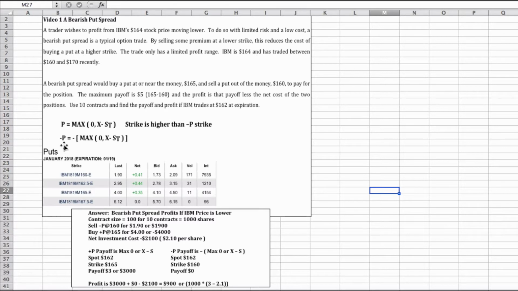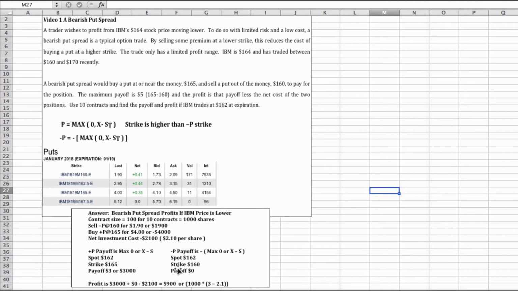The short put, it's going to be the opposite of whatever the long does. So the negative sign goes in front of everything. It's going to be 162 minus 160. Well, that's a negative. So the max of 0 or negative is just 0. Negative sign in front of 0, still 0. Doesn't matter if you multiply by 1,000 shares, still 0.